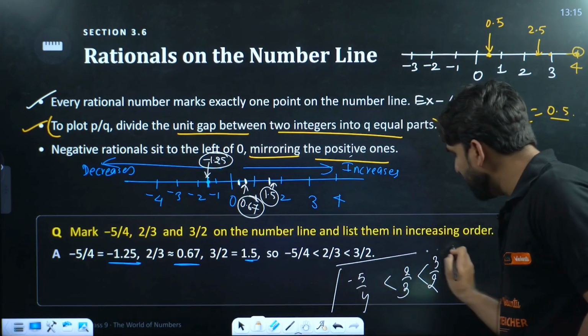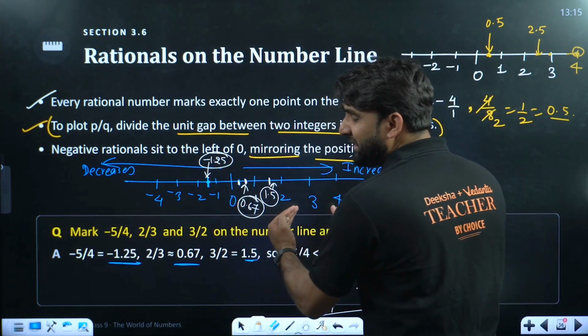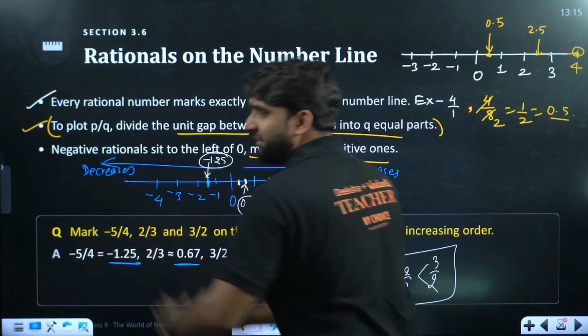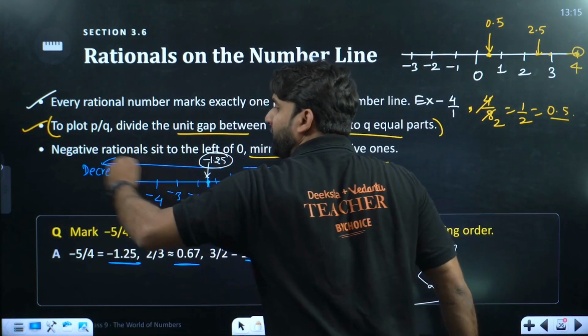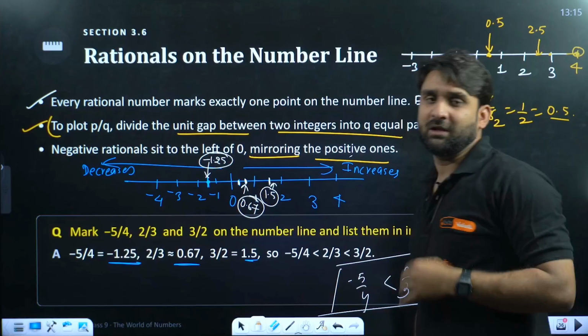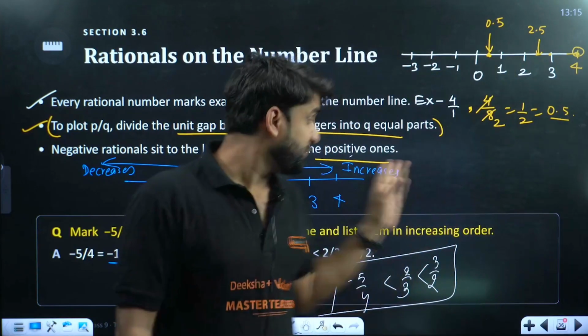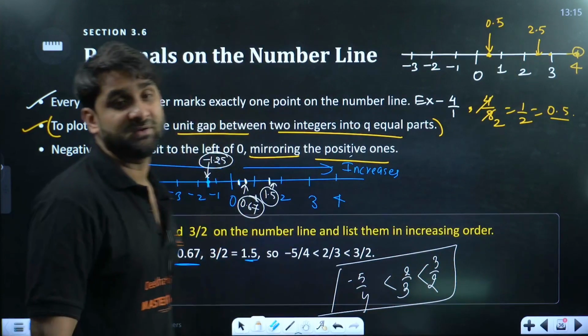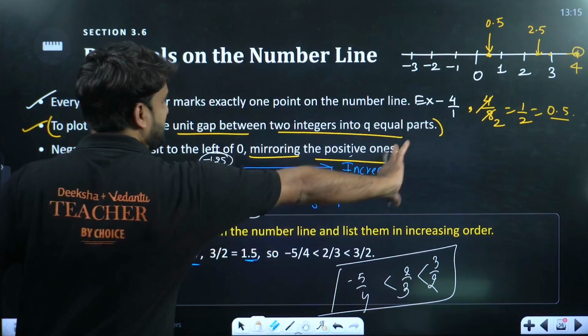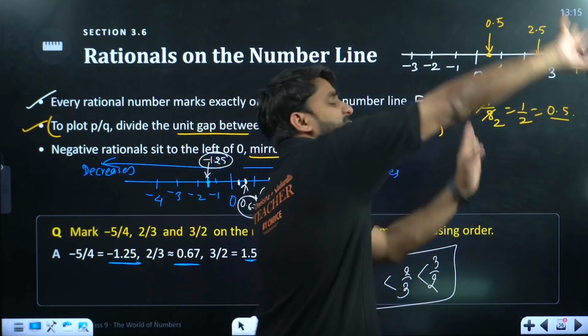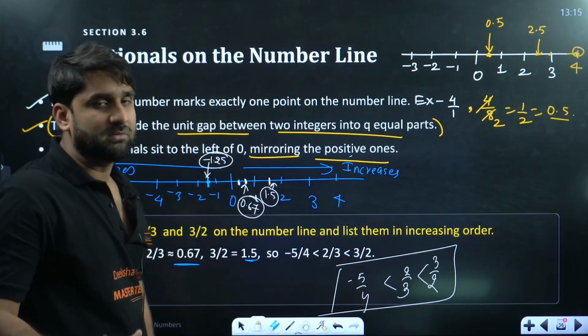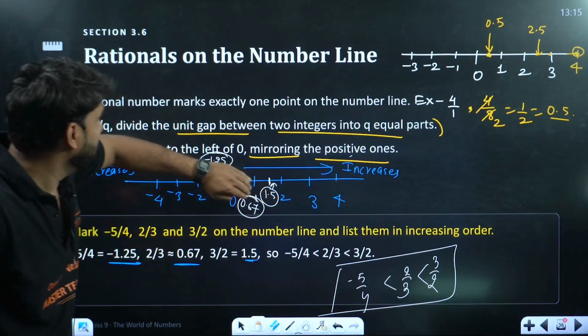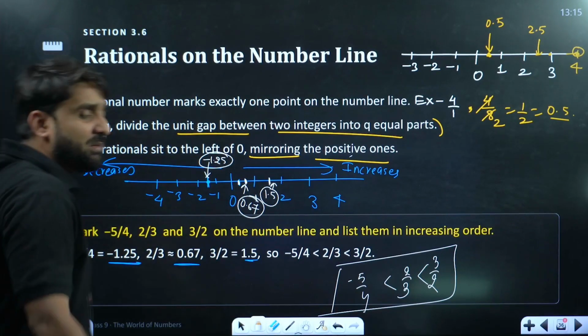So my dear champion, the number at the right side is greater and the number at the left side is smaller. As you are moving to the right side, the number will be increasing, but as you are moving to the left side, the number will be decreasing.